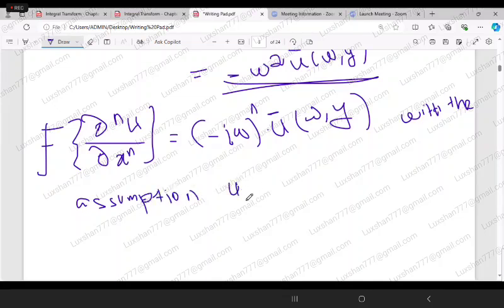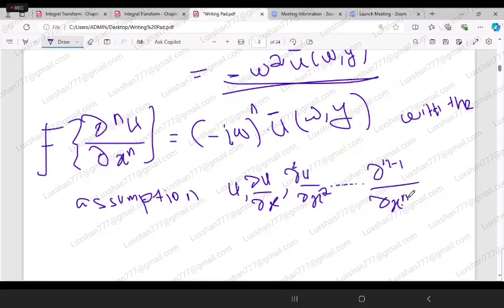The assumptions are that u, ∂u/∂x, ∂²u/∂x², up to ∂ⁿ⁻¹u/∂xⁿ⁻¹ all tend to 0 as x tends to plus or minus infinity.